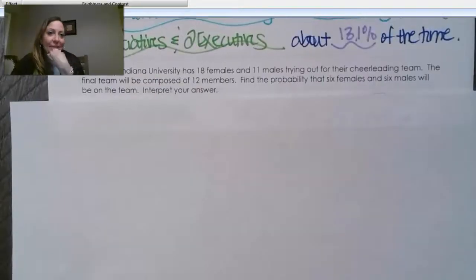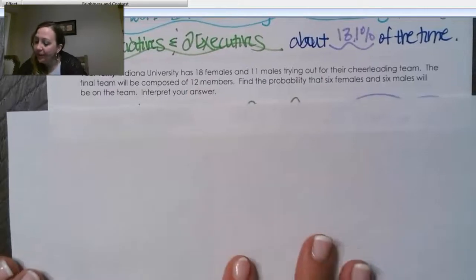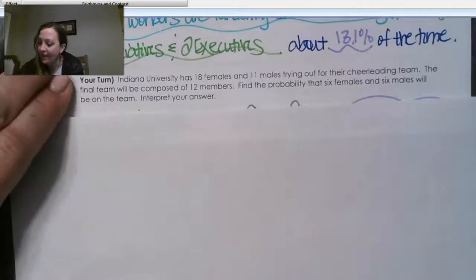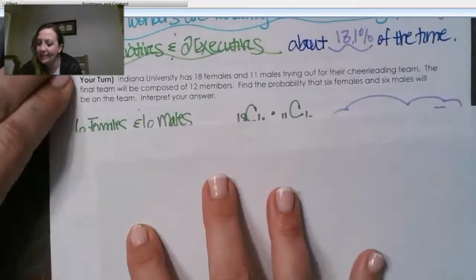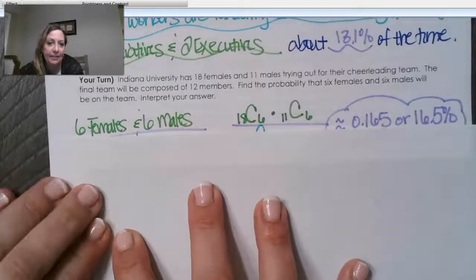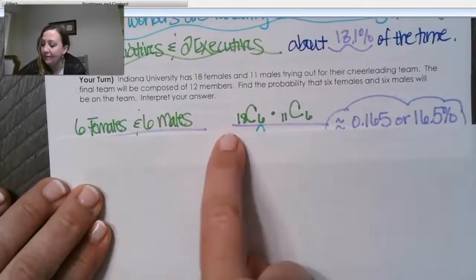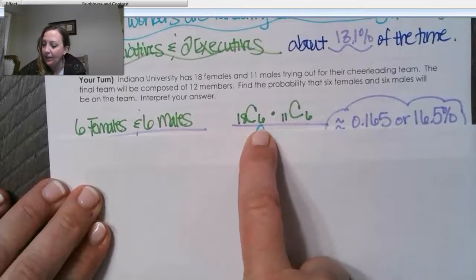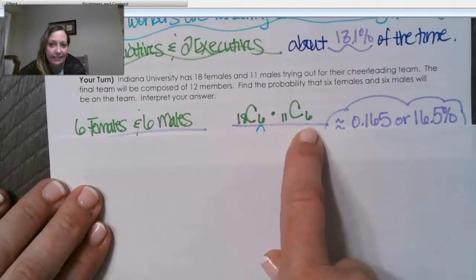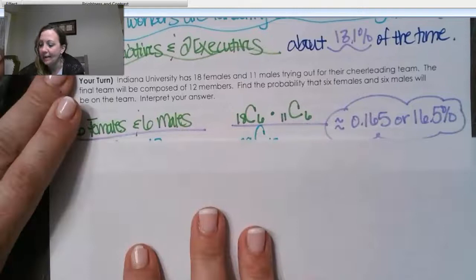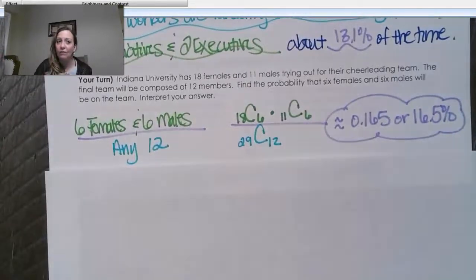Okay, let's see how you did. Hopefully, you guys saw that we are going to be taking 6 females and 6 males, there are 18 females picking 6, 11 males picking 6. That's our numerator. Our denominator is picking any 12 members.